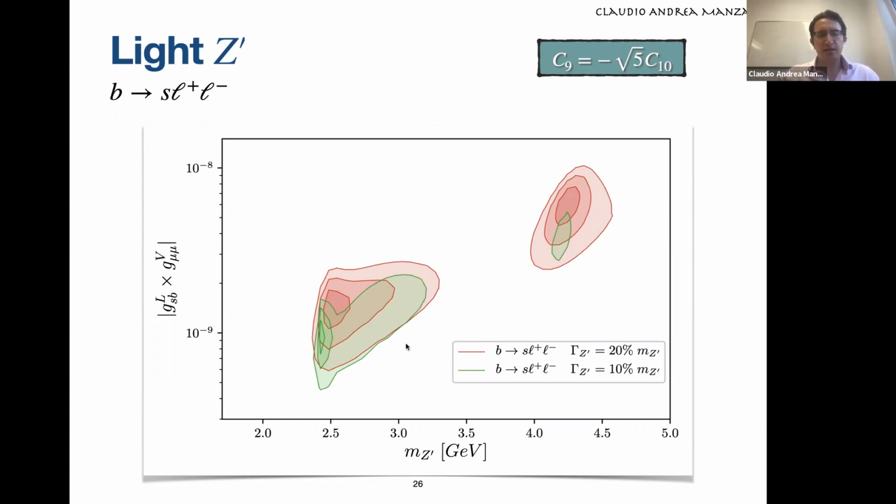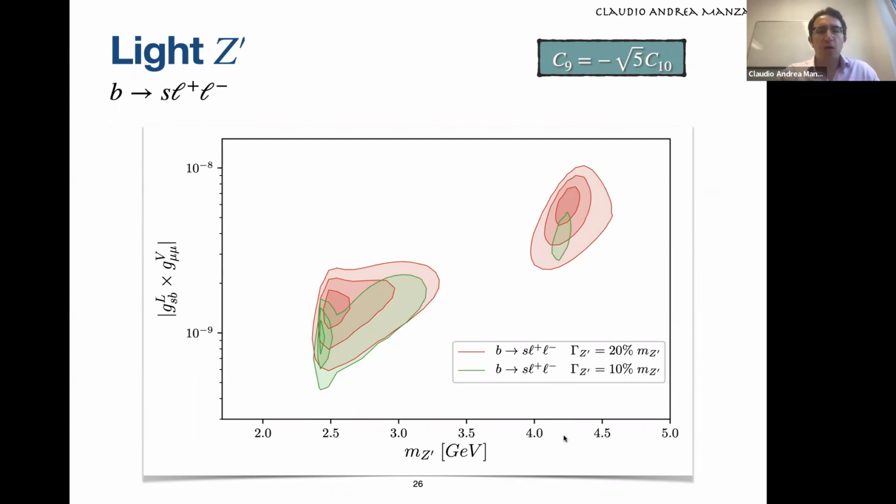And here you can see the result of the fit as a function of the Z prime mass and the coupling combination which enters in C9 and C10, so the coupling to bs quarks times the coupling to muons. In particular, you can see that there are 2 solutions. A solution around 2.5 GeV and another one at a higher mass between 4 and 4.5 GeV.